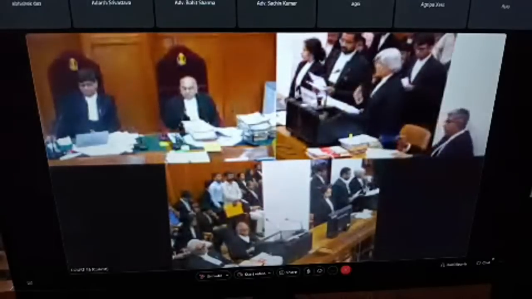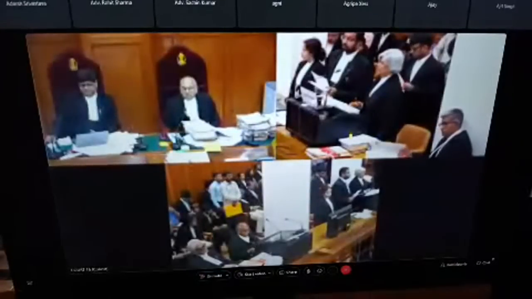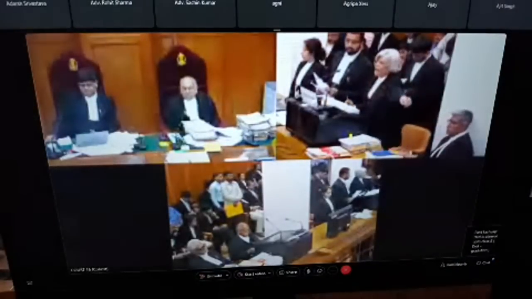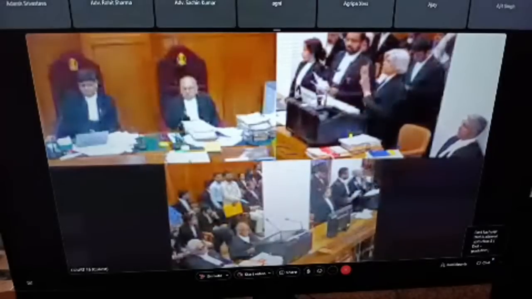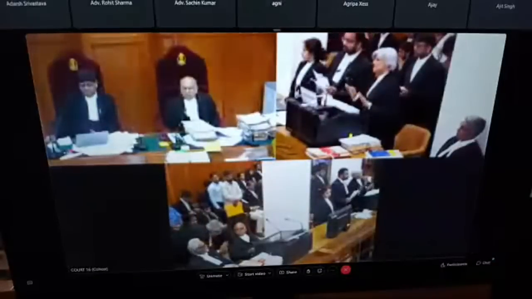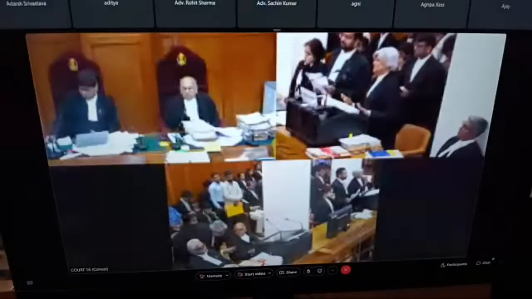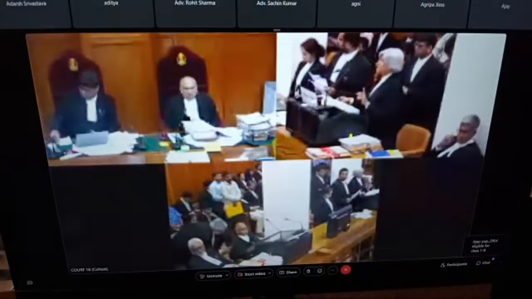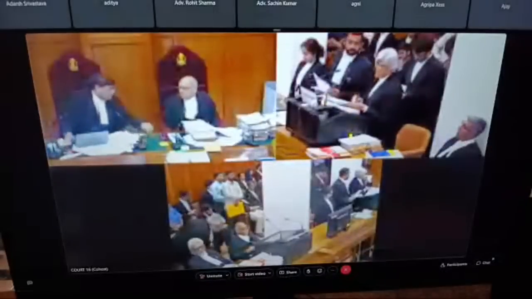Now, treating similarly situated people, maybe because of a fortuitous circumstance, that one is in Bihar, other is in Uttarakhand, goes out, but the one in Chhattisgarh stays in, does not do justice to people who are all identically situated. Because, my lord, the common underlying factor on each one of these cases is the notification of NCTE.